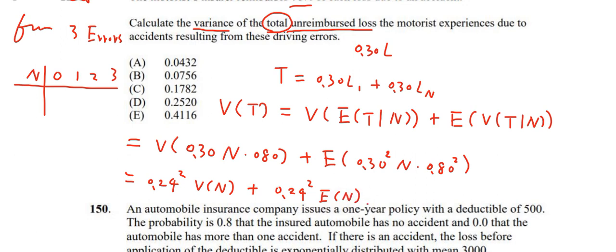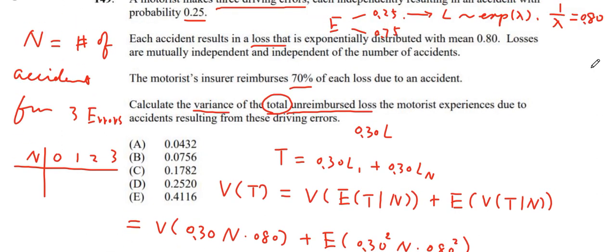Okay, so now what we need to find is just En and Vn. So to find En and Vn, we need to check the distribution for N. This N is the number of car accidents from 3 errors. So let's say the probability of no car accident is 0.75. We just put the 0.75 as 3 over 4.